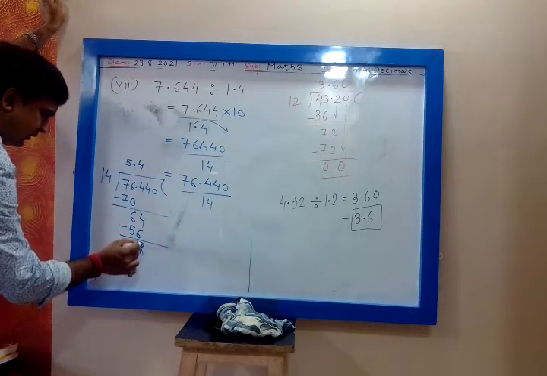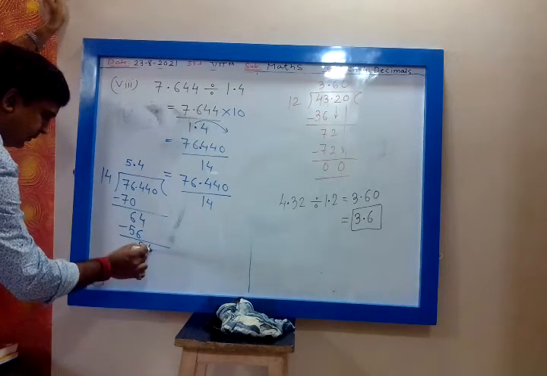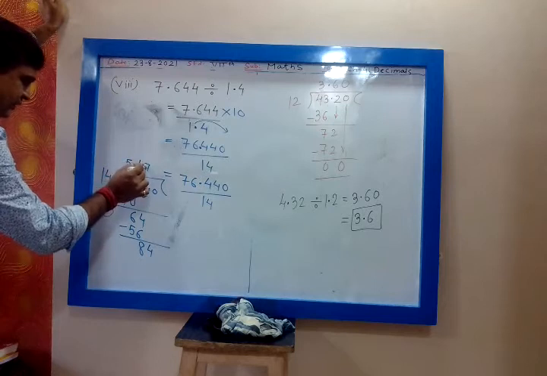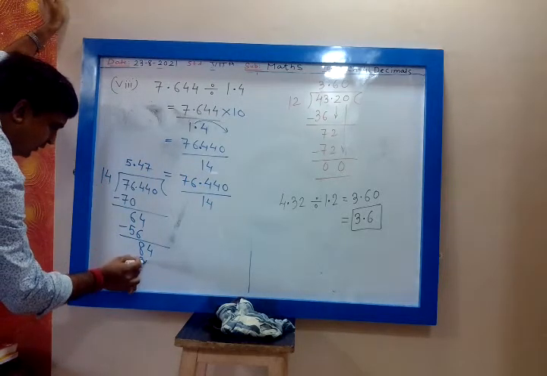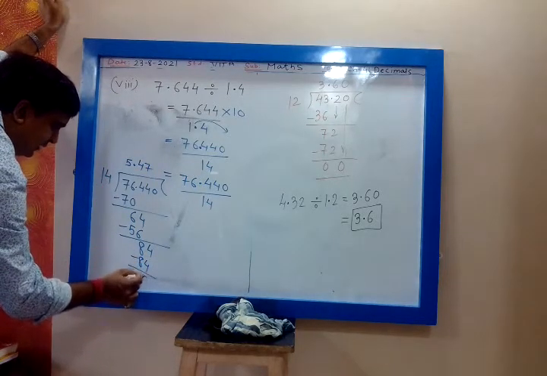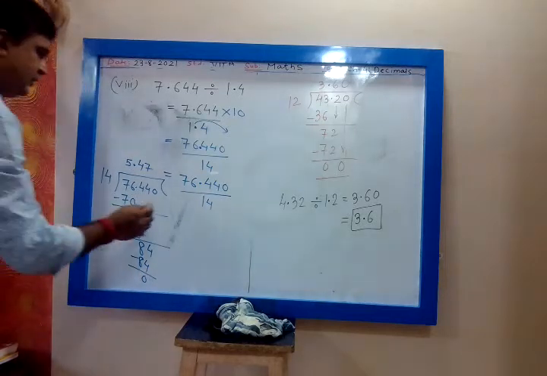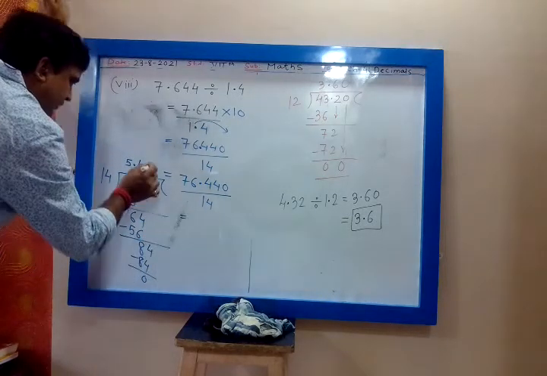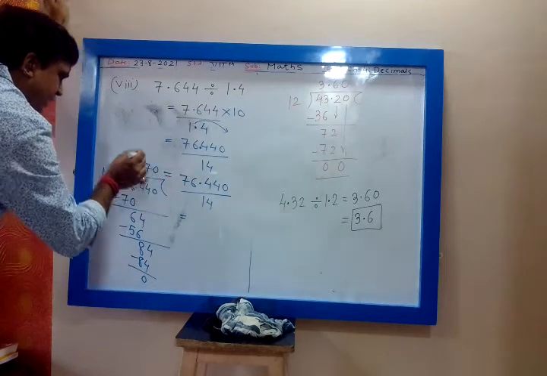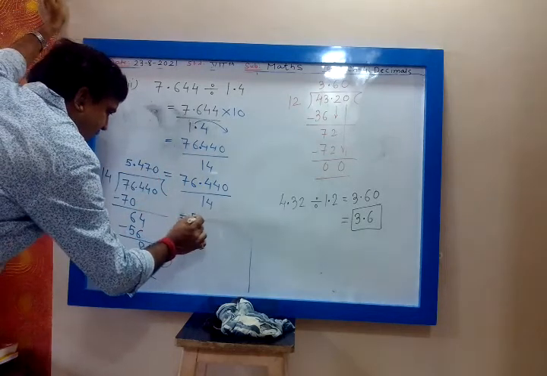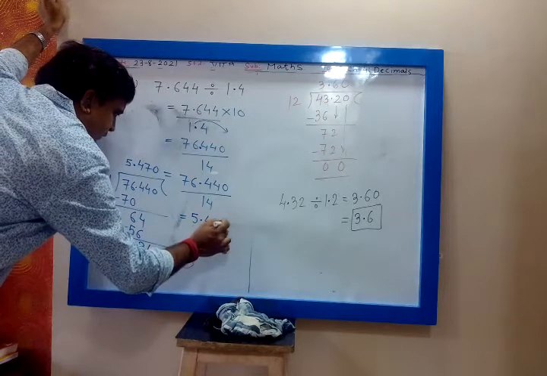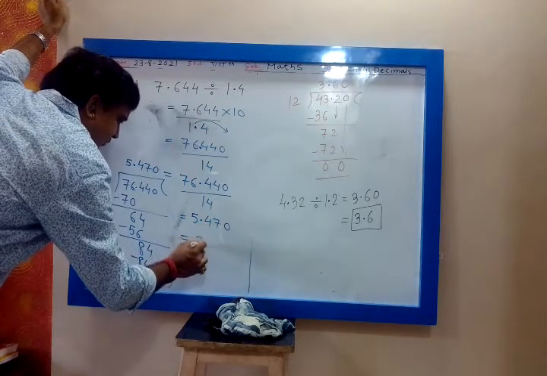Then 8, then 4 is carried, 84. 14 sevens are 84. 84 minus 84 is 0. Okay. So 10 you can write 5.470, and that is the same as 5.47.